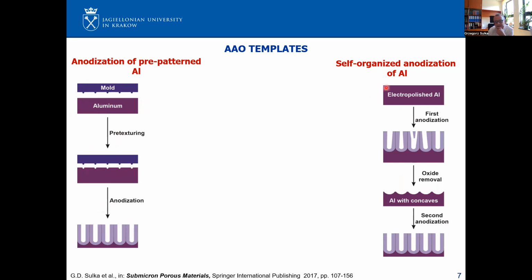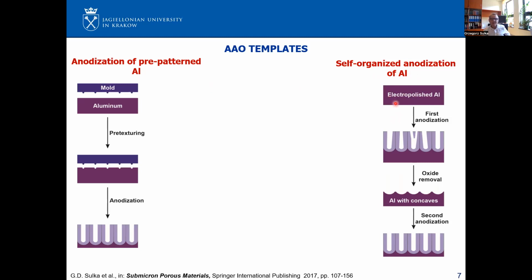The second approach, much cheaper, because the mold should be prepared by lithography techniques, is based on the self-organized anodization of aluminum, and it consists of two steps.